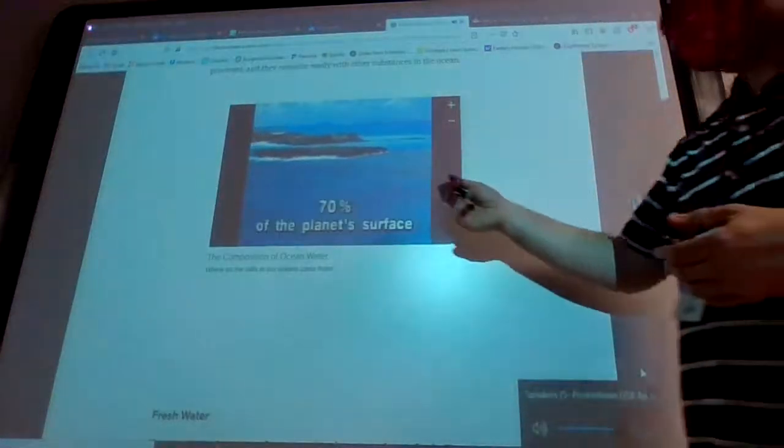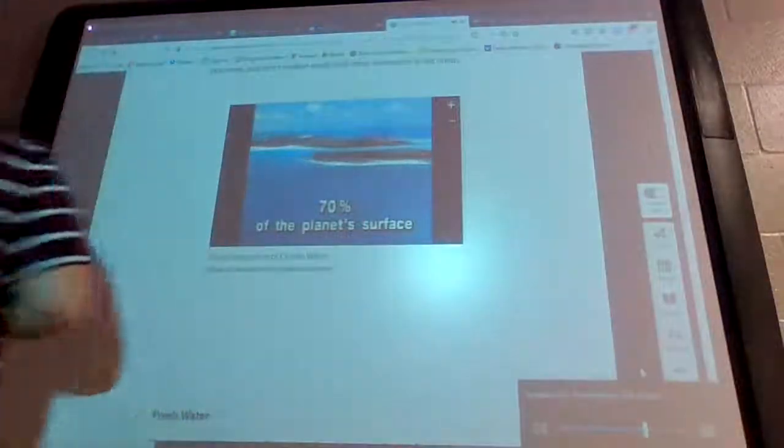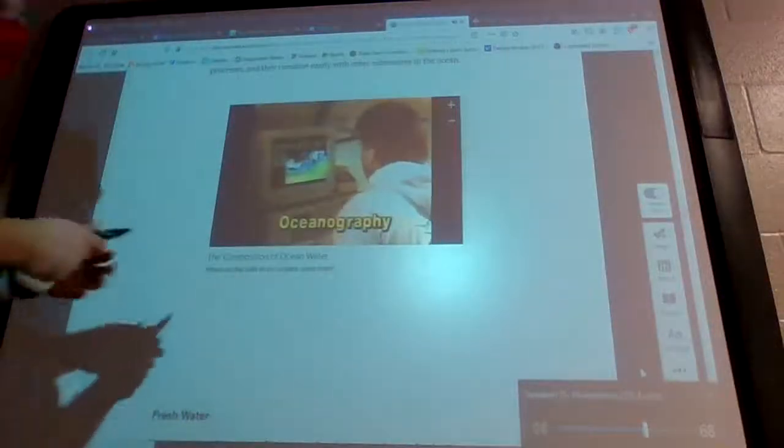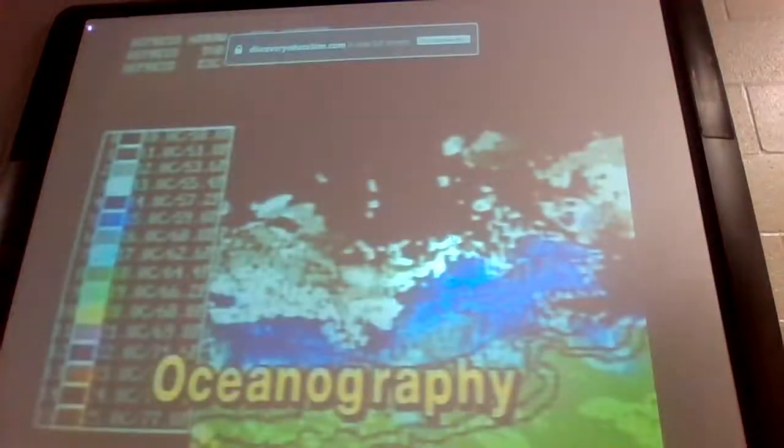That covers about 70% of the planet's surface. And oceanography is the scientific study of these oceans. Scientists say oceans were actually formed long before land masses evolved on Earth's surface.